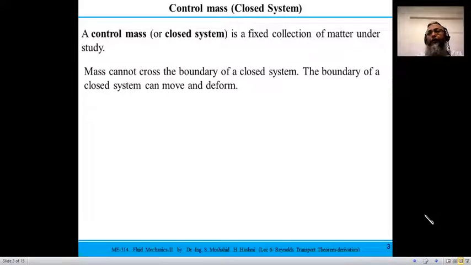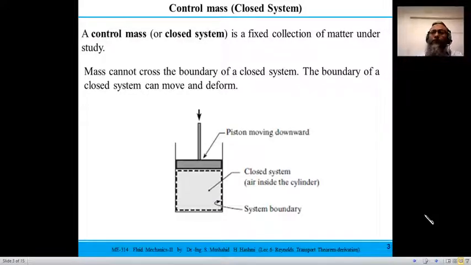Apart from that, the closed system is such that its boundaries can change shape, can deform, can move. Take an example of a piston cylinder arrangement. We have a gas which is enclosed in the cylinder, and we are pushing the piston downwards. So what will happen is the air is going to compress, and the dashed lines are representing the boundaries of the system.